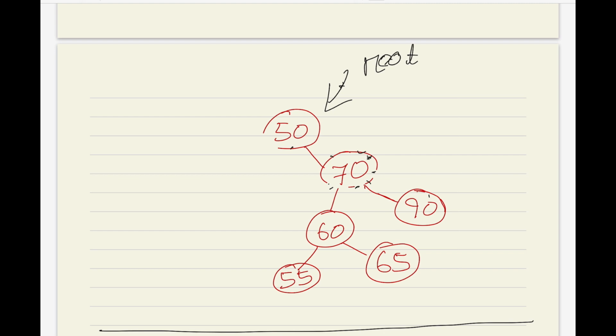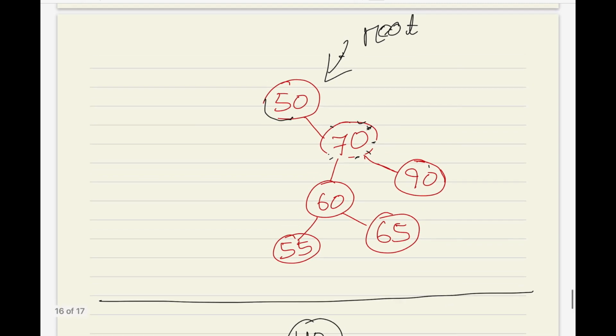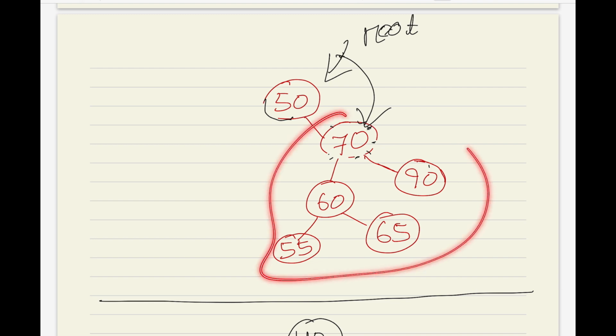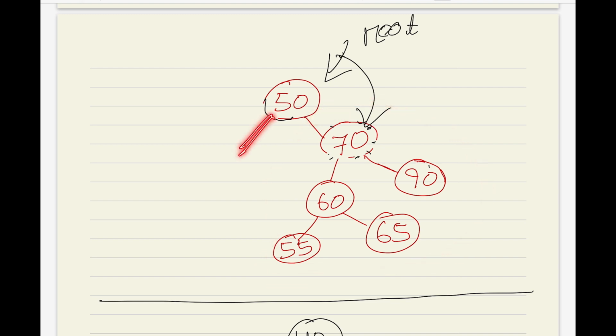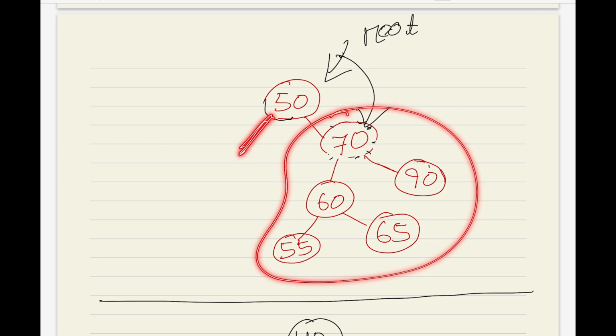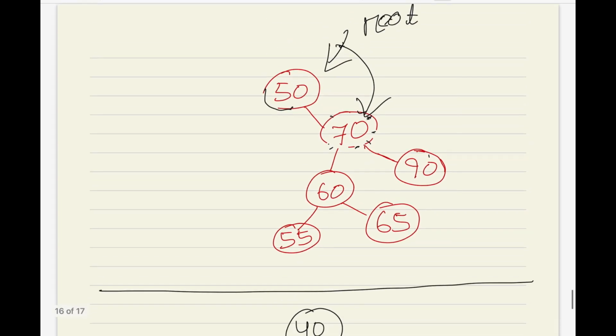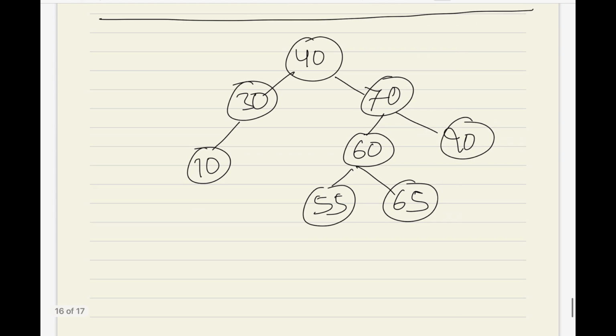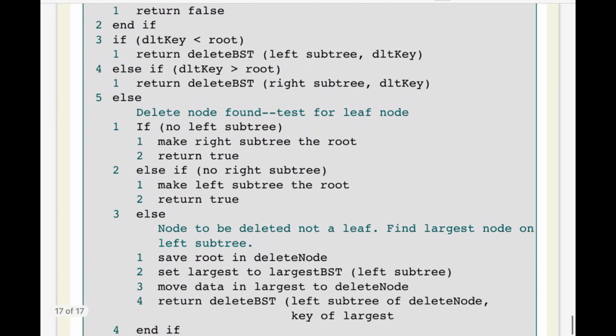So the root is given and here no left subtree. Then we can just update the root to here. So root is coming to here. So just update the root or return this tree. If no left subtree is given, then return this part. That means directly we can remove this 50. So the same thing is given: if no left subtree, make right subtree the root, return true.